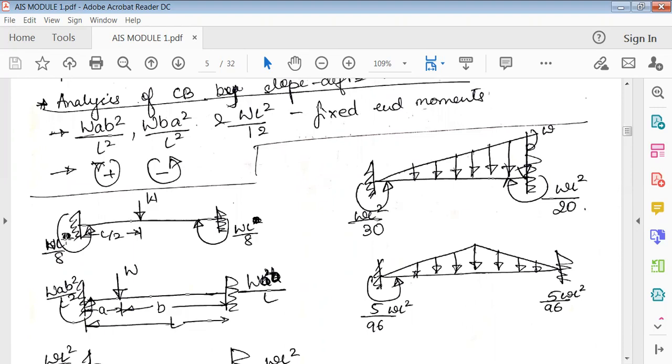We know that the bending moment below the load is always maximum. Previously, both the ends were either simply supported, hinge support or roller support. But now the ends are fixed supports, with a load at the center, placed exactly at half the distance.